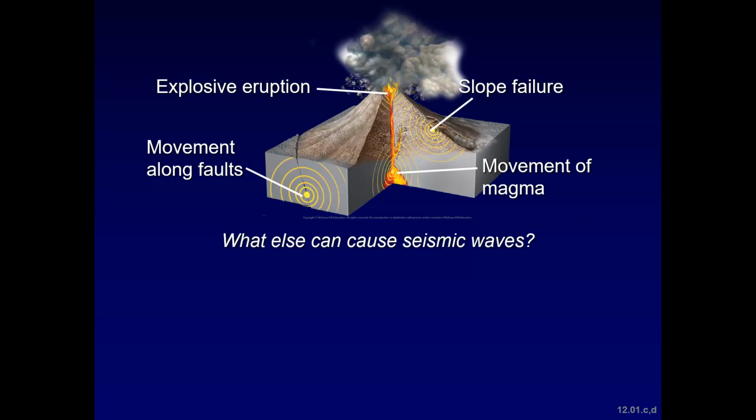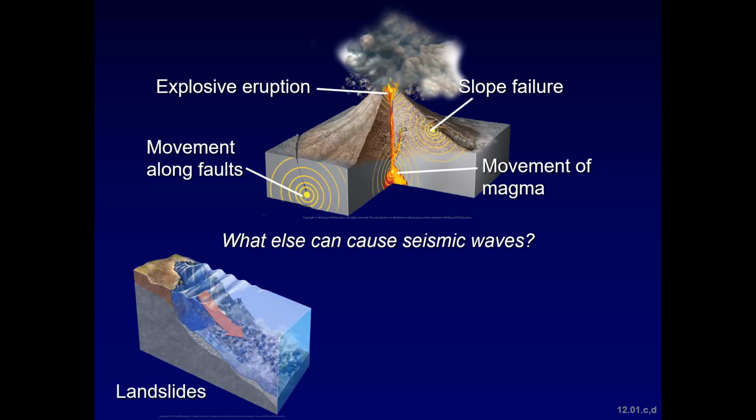Other things can cause seismic waves as well. Notably, landslides, say in Hawaii, that would be subject to massive underwater landslides from the volcanic activity there. And that's capable of generating large tsunamis through the displacement of seawater.